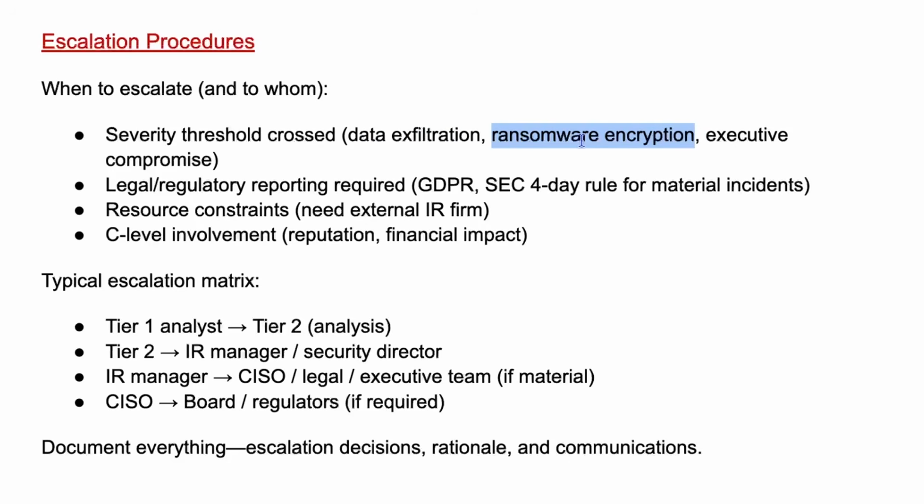Ransomware encryption is when we notice certain systems being encrypted and a ransomware message popping up. Executive compromise is when one of our executives' accounts has been compromised. These are all very clear thresholds that imply a very high severity situation: data is being stolen, we're being held at ransom, executive information is being stolen.